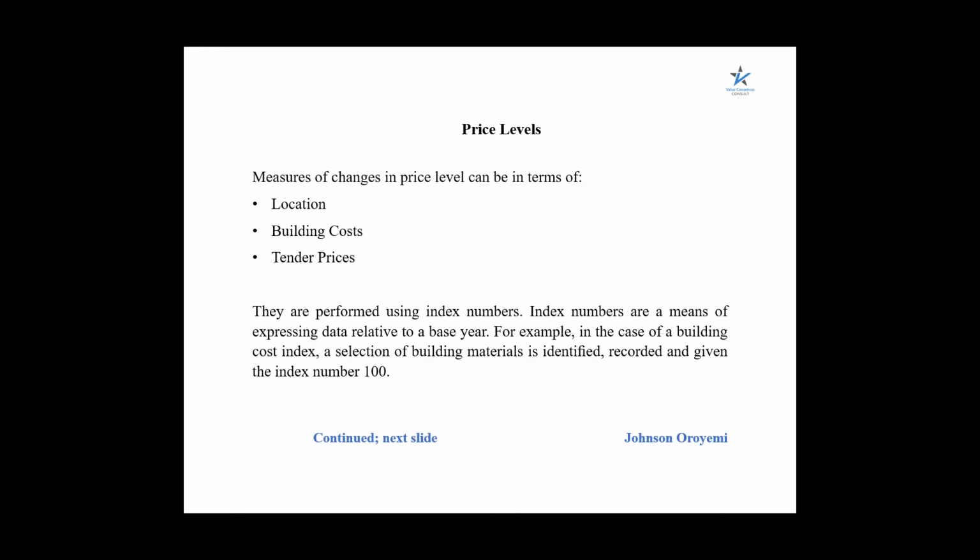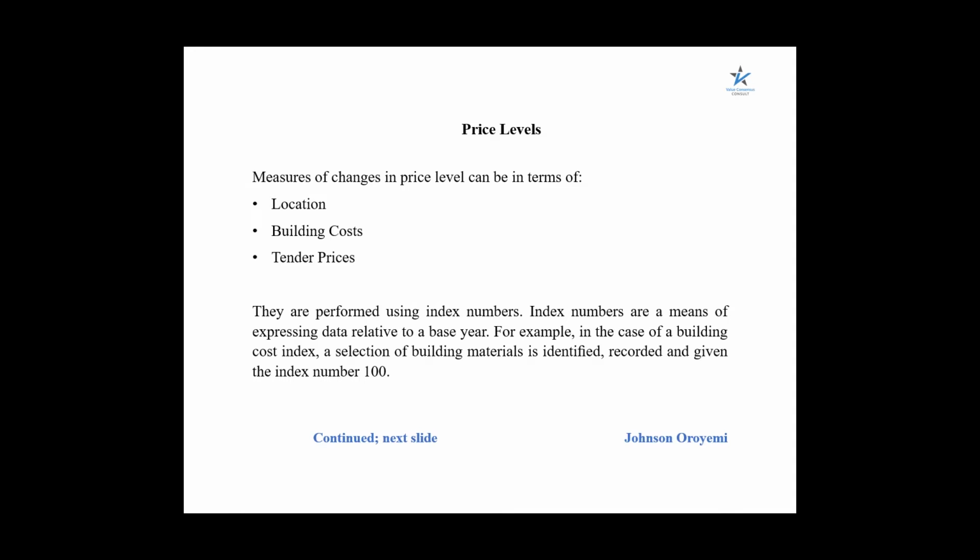Measure of changes in price level can be in terms of location, and it can be in terms of building cost. That is, maybe there is an increase in the prices of materials for a construction project. It can also be in terms of tender price, and this talks about when the economy is in boom and when we have recession.